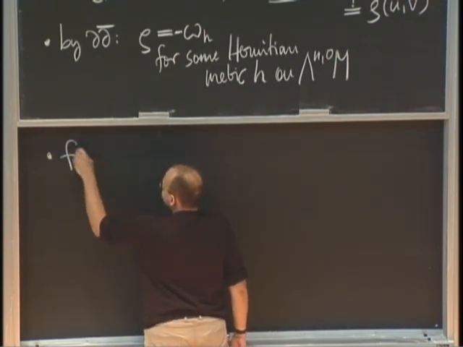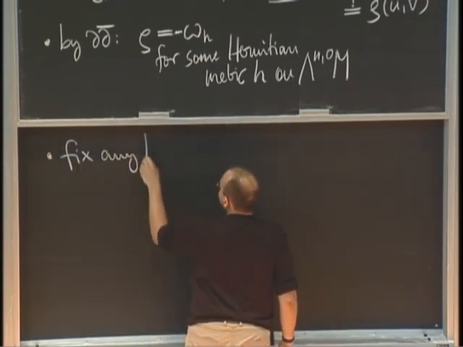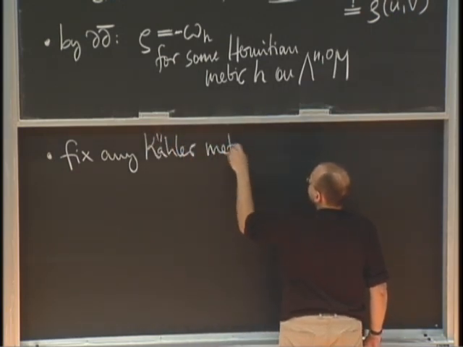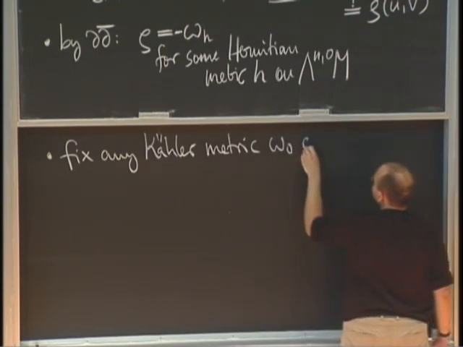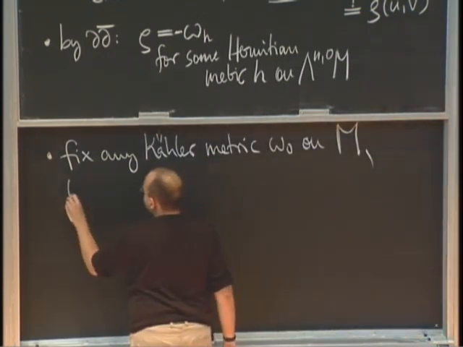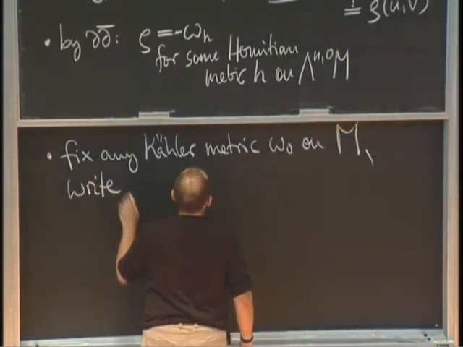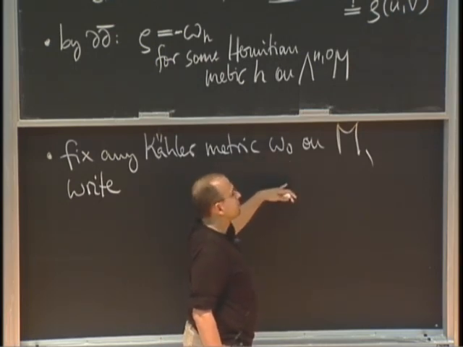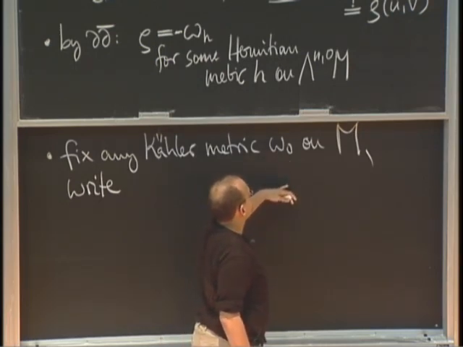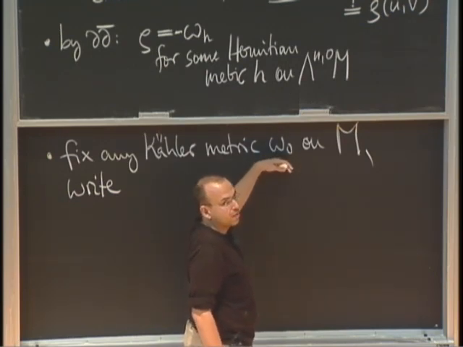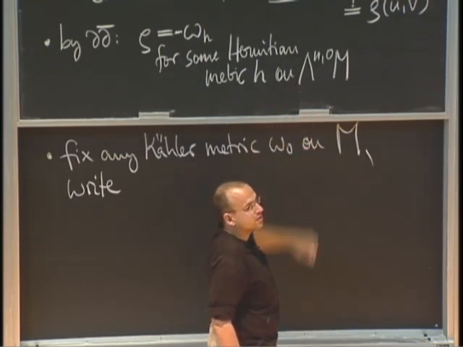Now what I do is I fix any Kähler metric omega 0 on M. That's sort of my initial guess that I want to improve. So the Ricci curvature of omega 0 is going to be something, and I want to improve omega 0 so that this Ricci curvature is equal to this thing, rho.